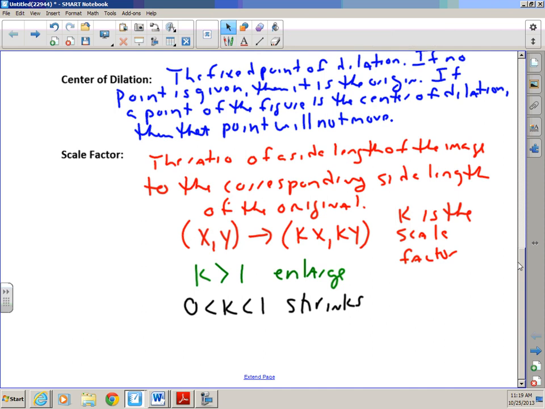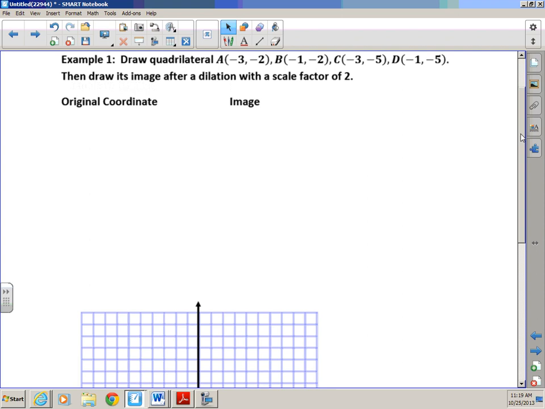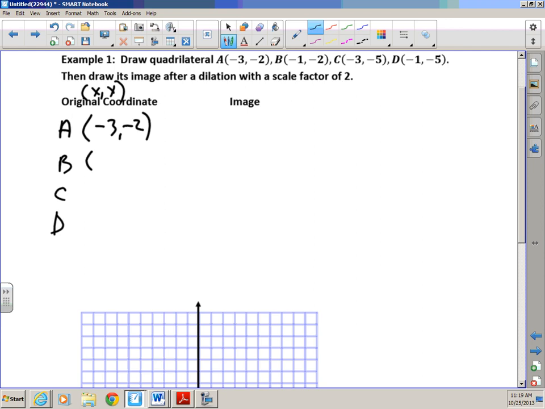So let's take a look at a couple of examples. They are pretty straightforward. I'm going to take this original quadrilateral and dilate it with a scale factor of 2. The only way to do a dilation is to take the original coordinates A, B, C, and D: (-3, -2), (-1, -2), (-3, -5), and (-1, -5).